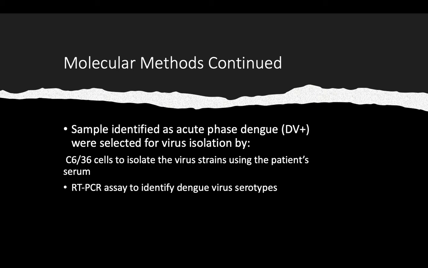Molecular methods continued. Once samples were identified as acute phase dengue virus, they were selected for viral isolation. Of the 878 samples, 249 were considered positive for dengue virus infection.